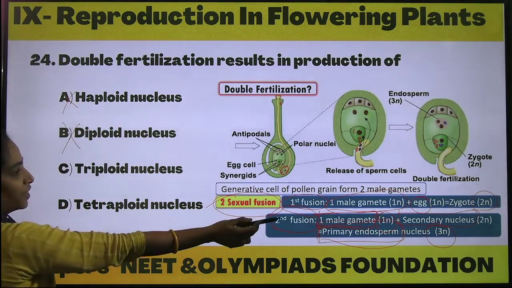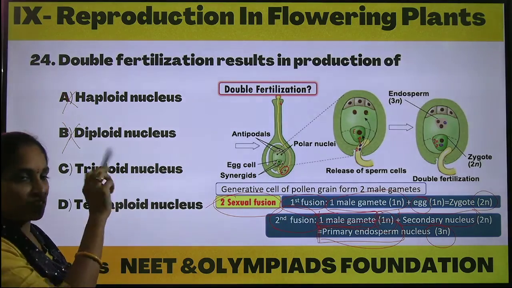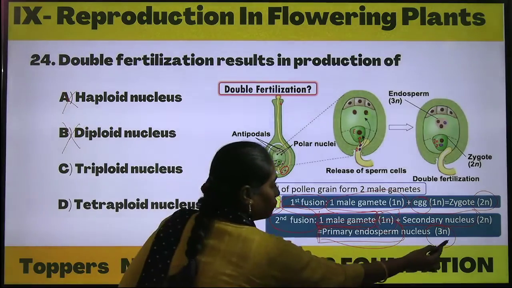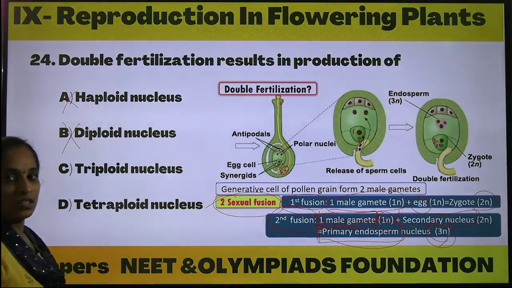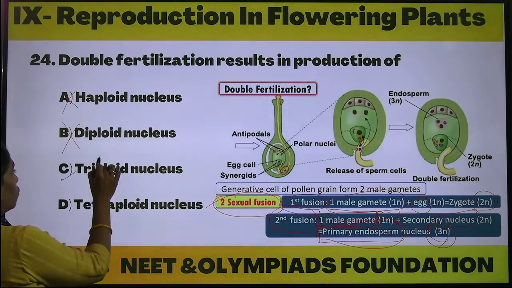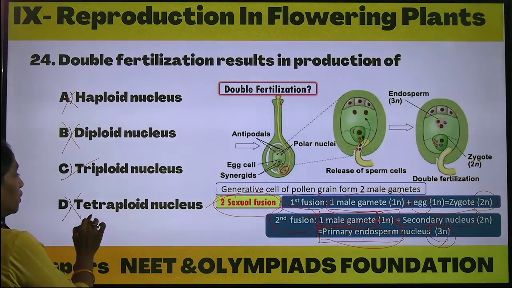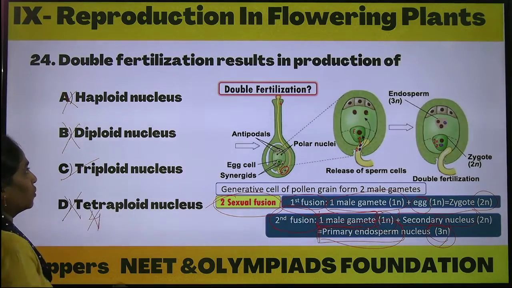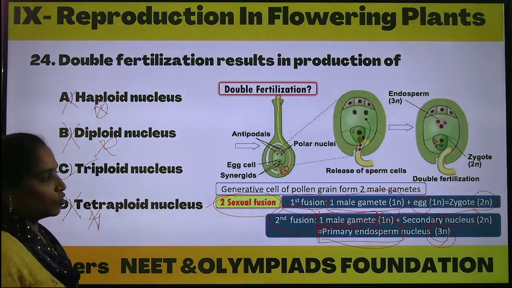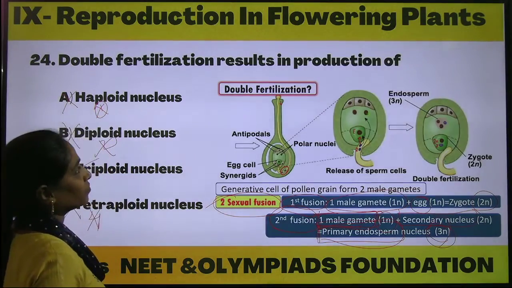It might be diploid in the secondary nucleus before the fertilization, a concept we have discussed already. The next one is triploid, 3n, and in the nucleus we can observe 3n. So option C will be the correct one, and option D, tetraploid, 4, is wrong, not 2 and not even 1. What is the correct option? Option C.